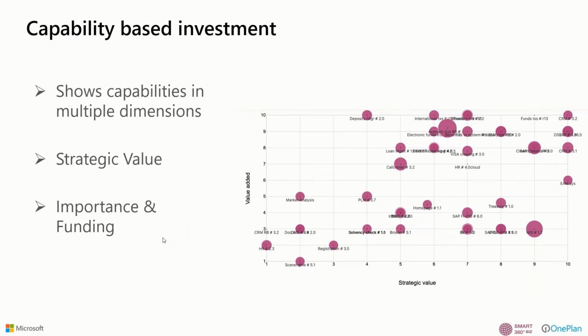Once you do the analysis, you can measure value added versus strategic value, and determine where investments need to be made. Looking at the importance and funding of applications, for instance, in this case, and seeing where maybe upgrades and improvements can be made as part of overall initiatives.